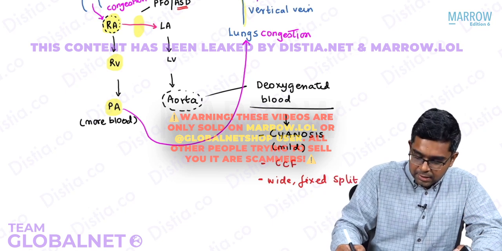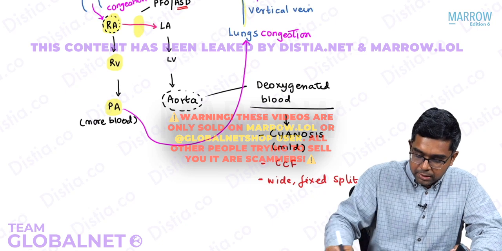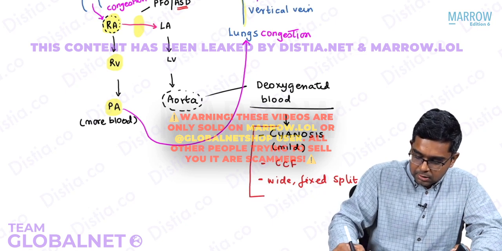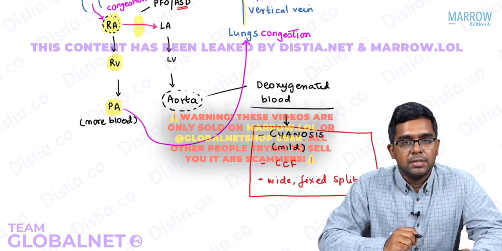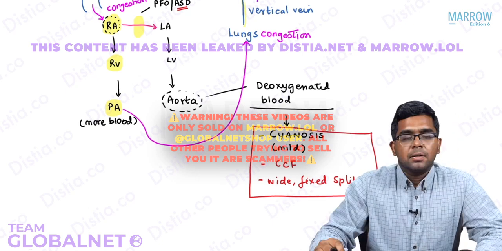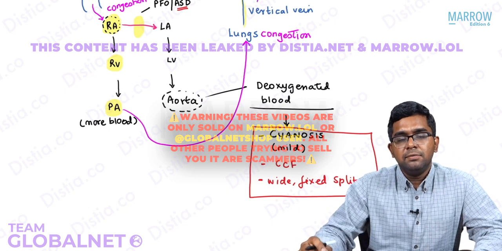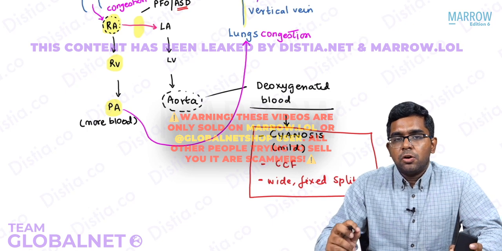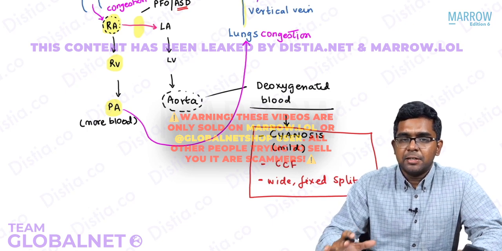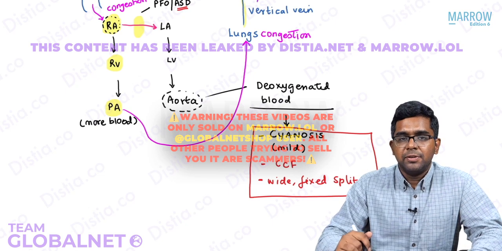So these three are the salient features in TAPVC supracardiac type. What is that? Cyanosis, congestive cardiac failure, plus wide fixed splitting of the second heart sound. Okay, right. Next, some findings on investigation in these patients. Suppose I do the estimation of oxygen saturation in the different chambers of the heart, what will be the finding?